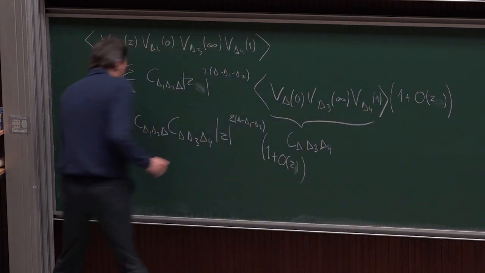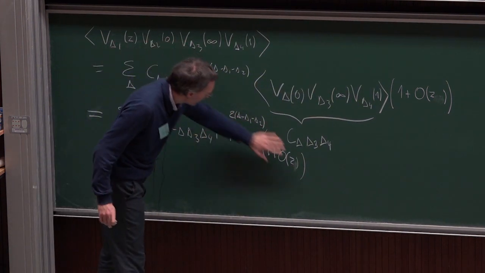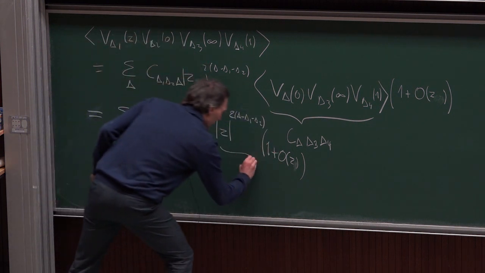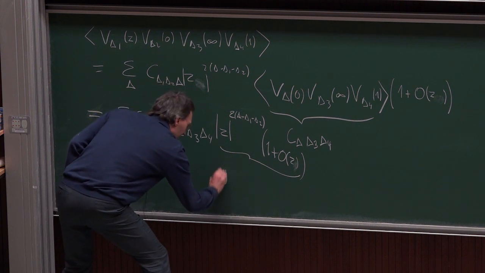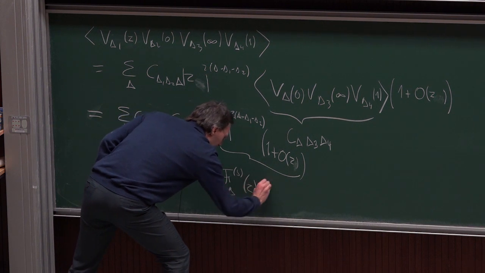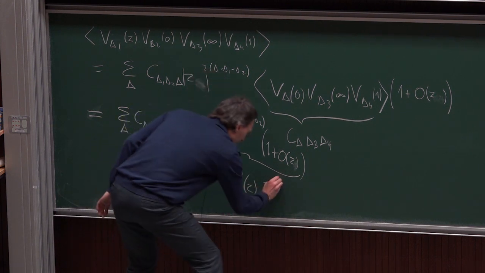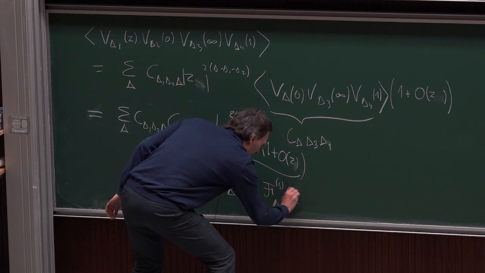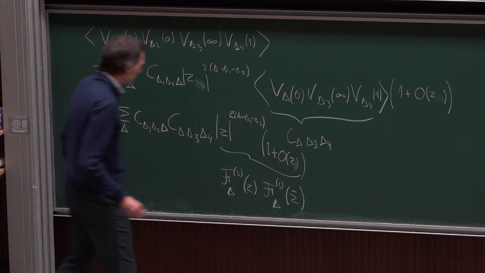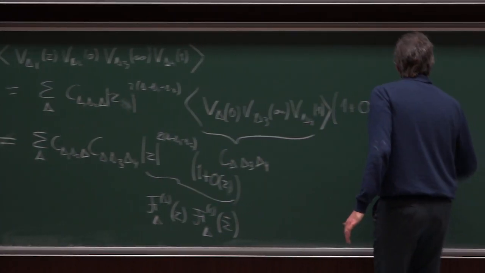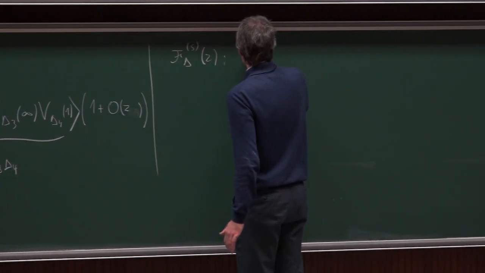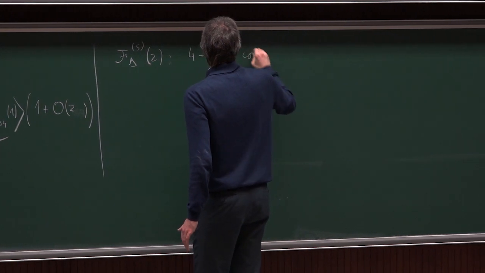So the point is that this whole expression can be factorized into some function f delta s of z times the same function of z bar. Now, this f delta s is by definition a 4-point conformal block.